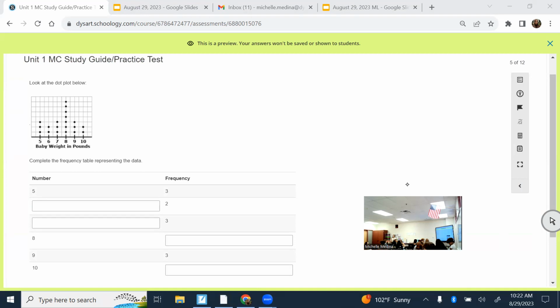How often that data point appears in the set? Good. So for example, this one's partially filled out. 5 appears 3 times. That's why I have a frequency of 3.